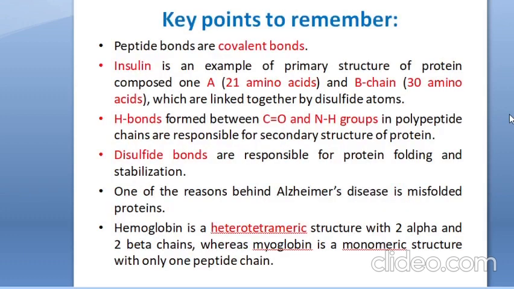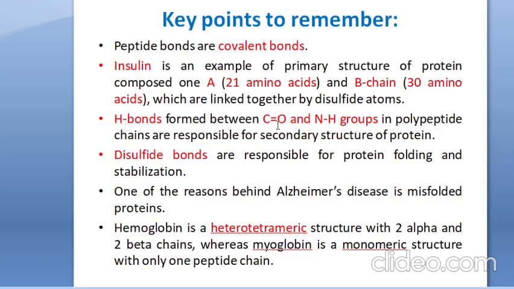Here I have listed some of the important points that we should revise before appearing for any entrance exam. The first point is polypeptide bonds are covalent bonds, and they are strong and they help in protein stability. Second, insulin is a primary form of protein which is composed of A and B chains. 21 amino acids are present in A chain and 30 amino acids are present in B chain, and they are linked together by disulfide bonds.